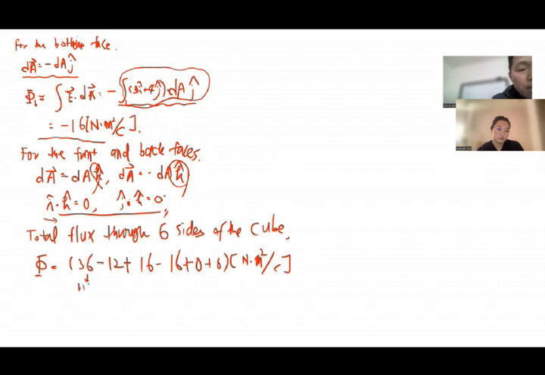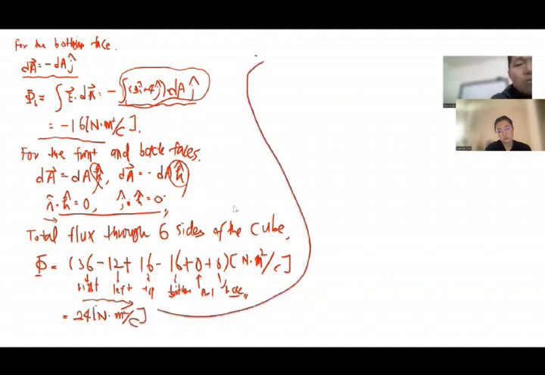This is the left, this is the top, this is the bottom, this one is the front, and this one is the back. All six sides of this cube are calculated based on the definition of electric flux. So the total flux out of this Gaussian cube surface is 24 Newton meter squared per coulomb.